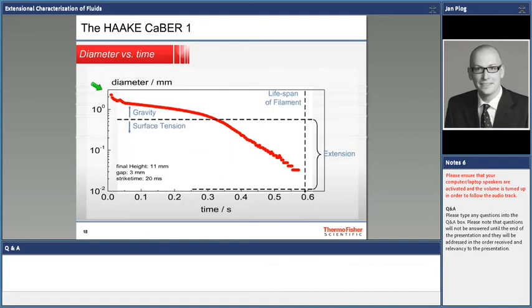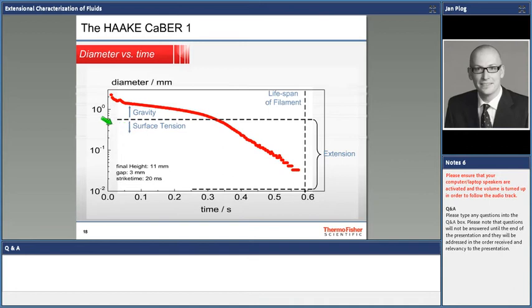So what you see in a CaBER experiment, and I explained that already, is that your diameter is decreasing with time. Some of our customers make the mistake that they want to evaluate the data right away as soon as it shows up. However, up to a certain threshold value that can be calculated for a certain material, the flow field, and I was talking about that, is dominated by gravity, okay, and not by the capillary forces and the surface tension.